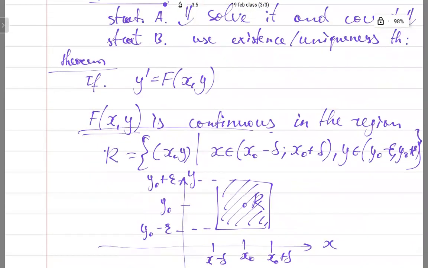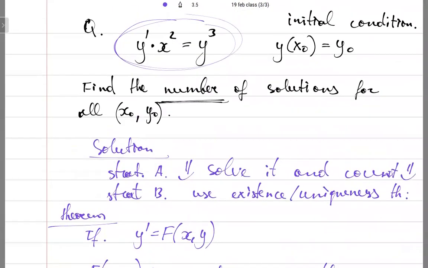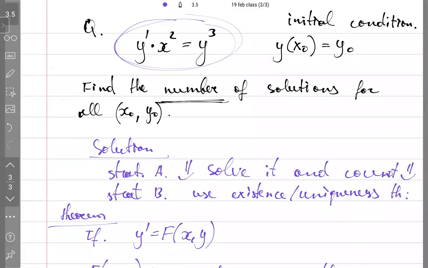Okay, let's do that. What is my function? The strategy we're using here is based on f being continuous in both x and y. And we know there is at least one solution. So in my case, y prime times x squared is y cubed. So it follows that for x that is not equal to 0, y prime is equal to y cubed over x squared.